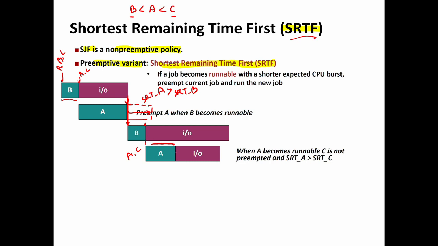So we run A, and now this is very interesting, I have only C left. B is doing its IO, A is doing its IO, so only C is left. So we schedule C, and it will run for a long time. If I did not preempt, this would have been the case. Now, let's see, maybe a little bit less than this.